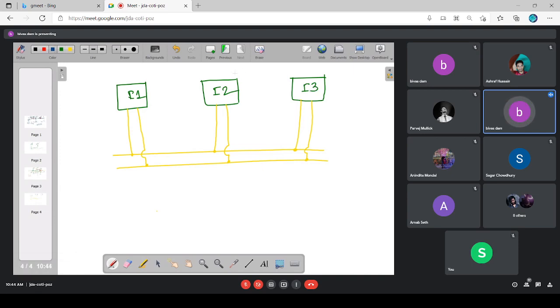Now, in case I2 is enabled and I1, I3 are disabled, that means here, how the circuit will be implemented is at the final output.